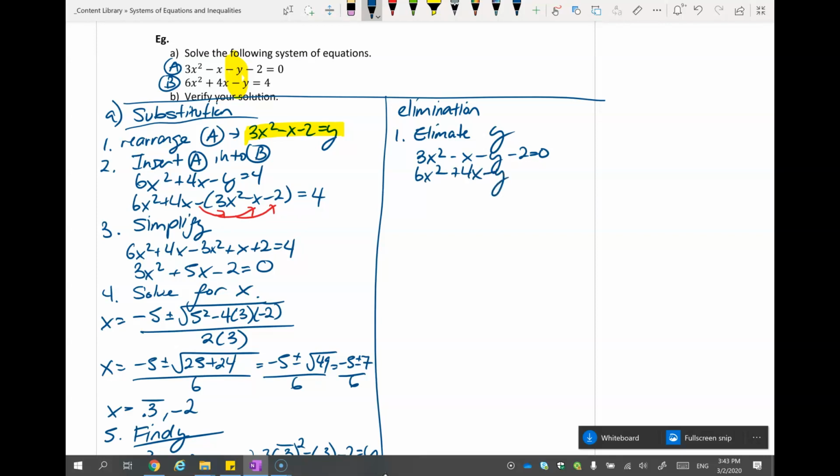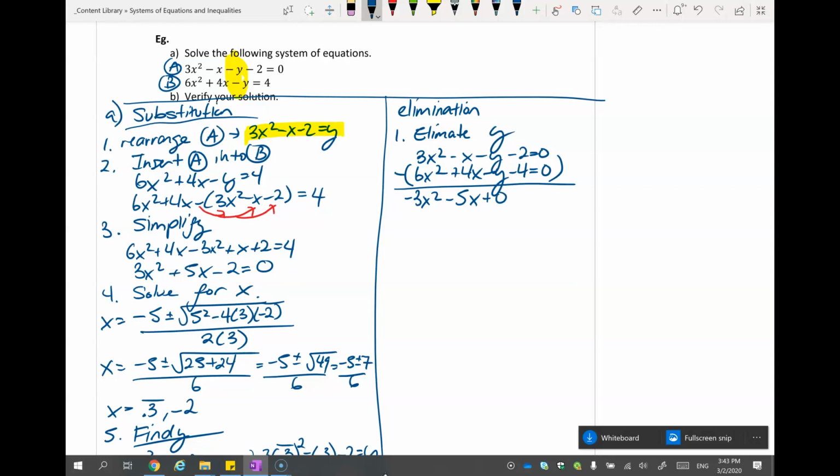And I'm just going to move this 4 to the other side. So when it's on the left-hand side of the equal sign, it becomes -4. And I'm going to subtract it all. Okay. So 3x squared minus 6x squared is -3x squared. -x minus 4x is -5x. -y minus -y is 0.